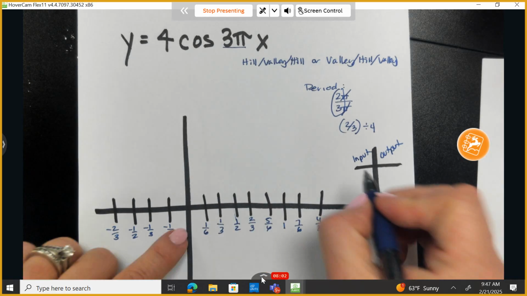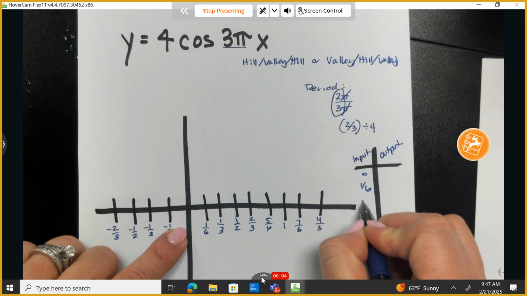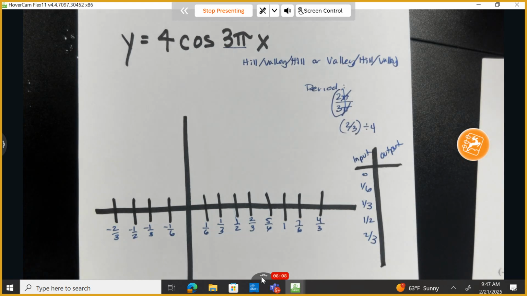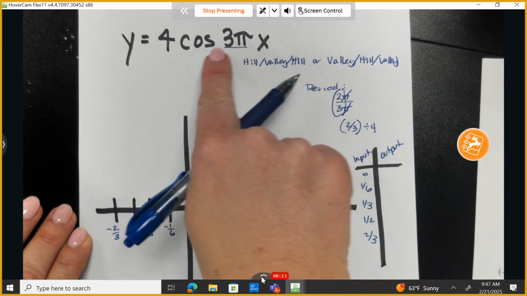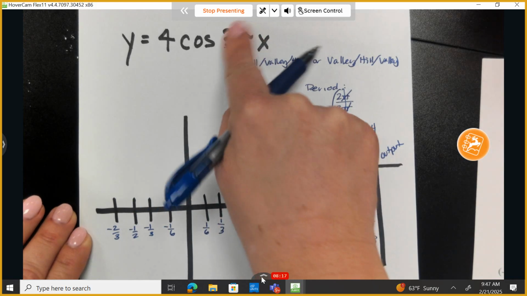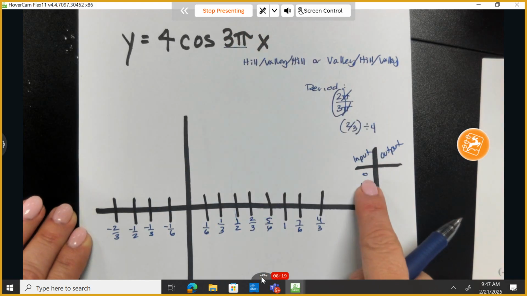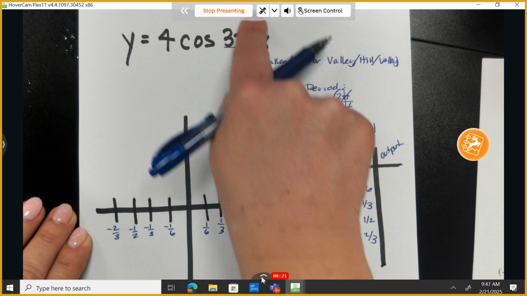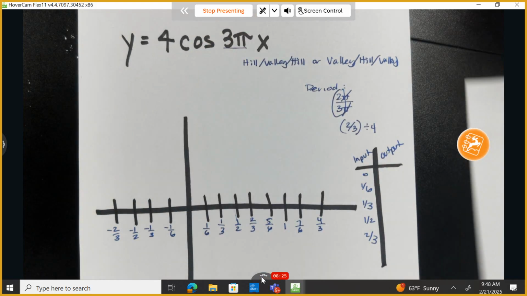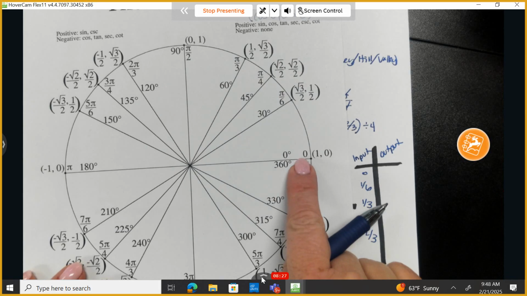Let's check this out. So I have 0, 1/6, 1/3, 1/2, and 2/3. I'm going to start with 0. 0 times 3 pi. Well, 0 times anything is 0. So this would be 0 when I substitute in a value of 0 for x. So I need to know what is the cosine of 0. Let's figure it out. Here's 0.